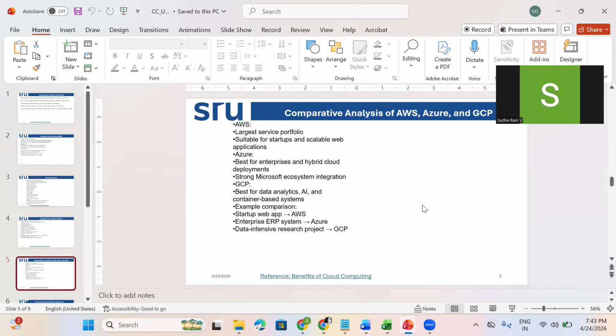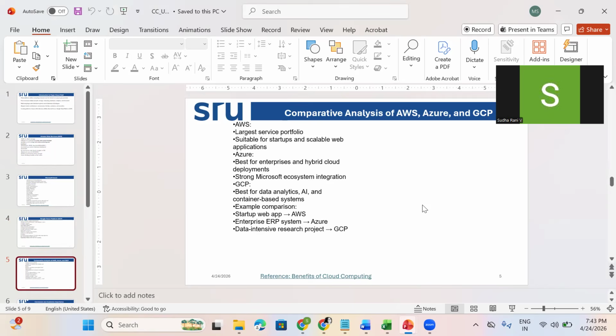Comparative analysis of AWS, Azure, and GCP. AWS has the largest service portfolio, suitable for startups and scalable web applications, whereas Azure is best for enterprises and hybrid cloud deployments, with strong Microsoft ecosystem integration.